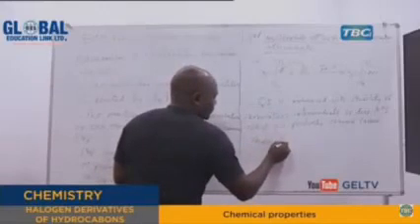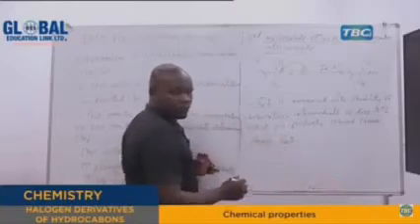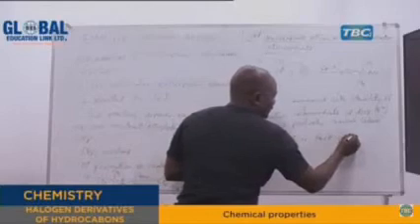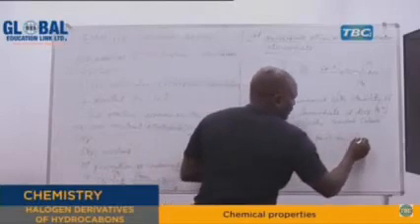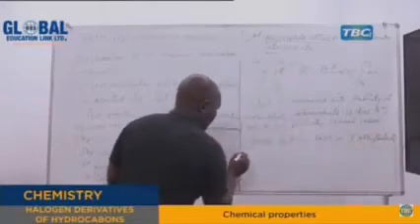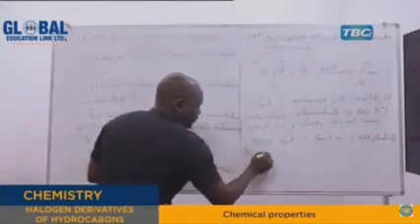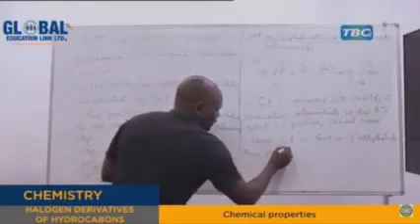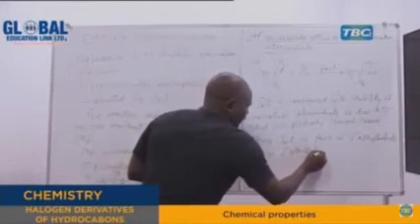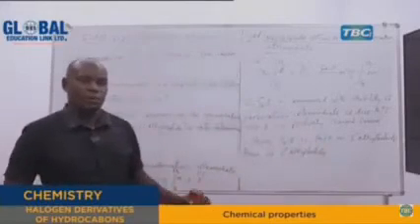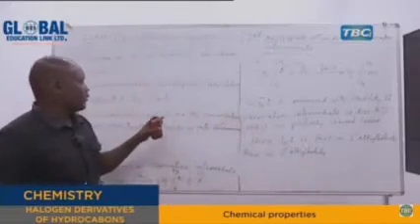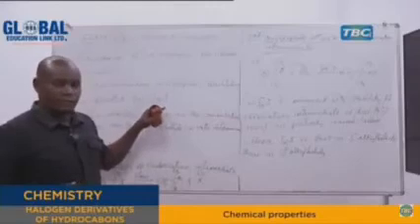Therefore, the first order nucleophilic substitution reaction is fast in tertiary alkyl halide than in secondary alkyl halide due to stabilization of the intermediate carbonium ion. So this is all about the first order nucleophilic substitution reaction.